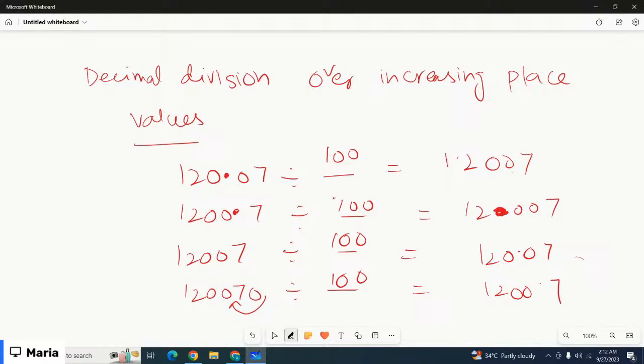The decimal point moved from here to here. Decimal point is moved 2 places left. You just have to see the movement of decimal point, right?